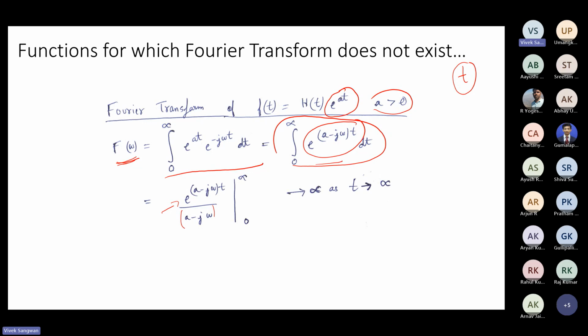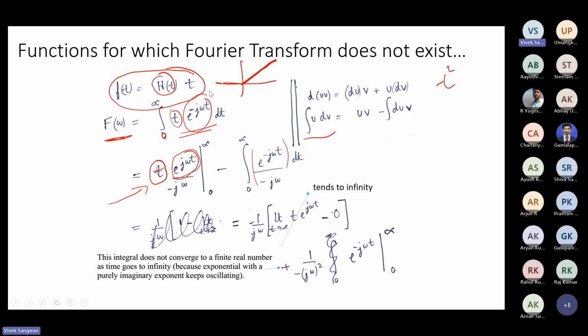The Laplace transform is that kind of transform. For both these functions, the exponential function and the linearly increasing t, the Laplace transform exists, but the Fourier transform does not. That is why we tend to use the Laplace transform much more than the Fourier transform.